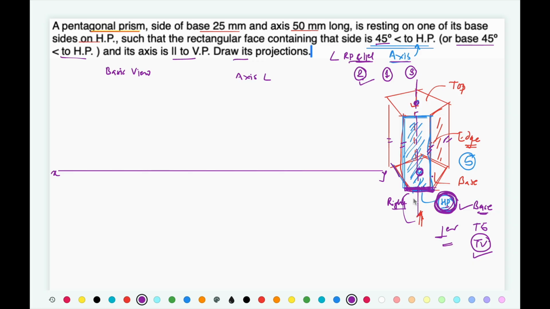In case of projection of solids, we are going to keep it at the right. So the first step is going to be the side at the right hand side. Length of side is 25 mm, and then complete the remaining pentagon.